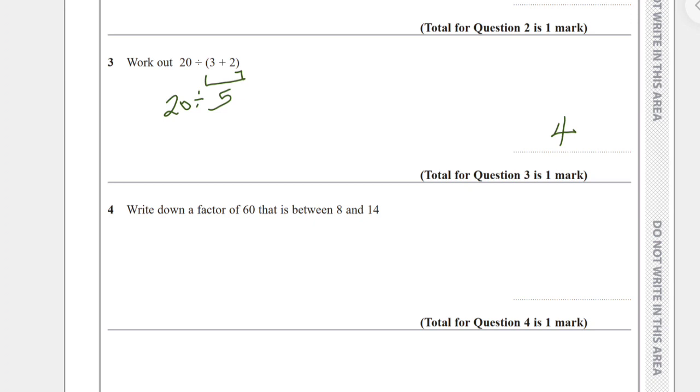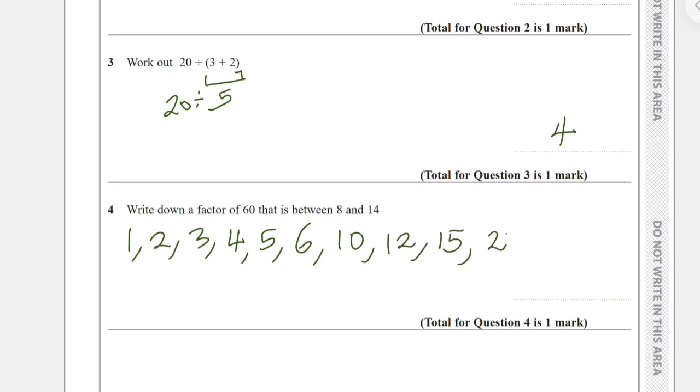There are a lot of factors of 60: 1, 2, 3, 4, 5, 6, 10, 12, 15, 20, 30, and 60. But which of these is between 8 and 14? So the correct answer is 10 or 12. Any of these two is correct.